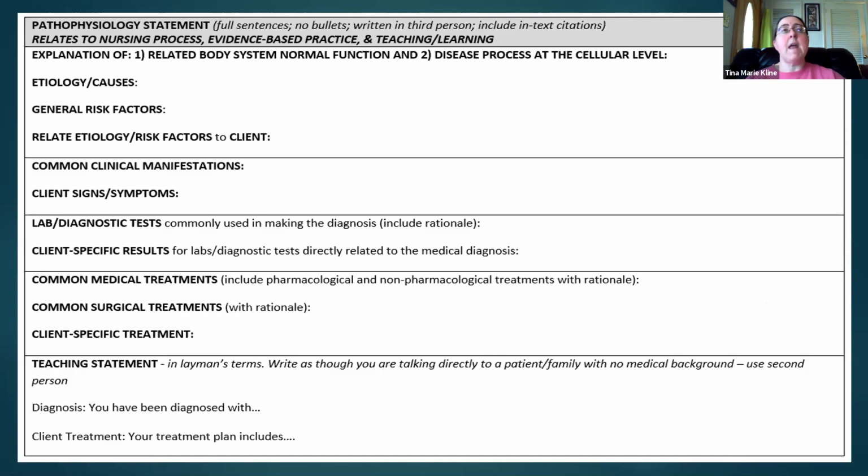With the pharm, if you are talking about a particular classification of drugs, for example, bronchodilators, okay? Well, there are long-acting bronchodilators and there are short-acting bronchodilators. What is the difference and why are both used in the management of COPD, okay?